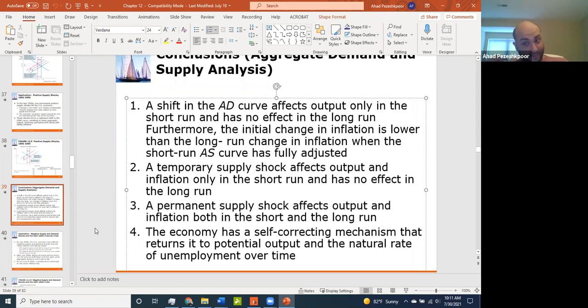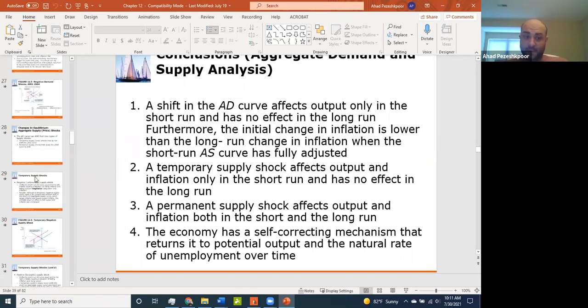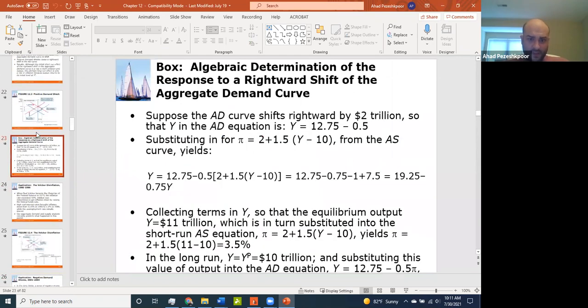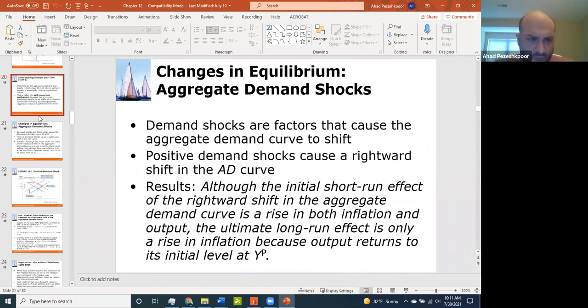You will go back to the potential output, but because of all those decisions by the Federal Reserve and central banks, you're going to be left with high inflation unless you act. In this example, like in 1980, where was it?